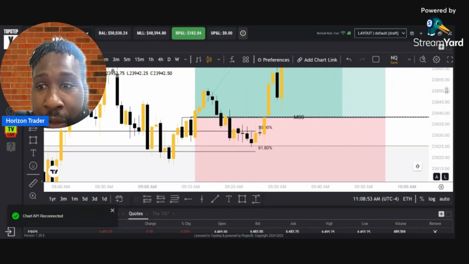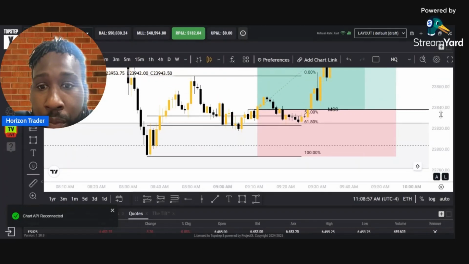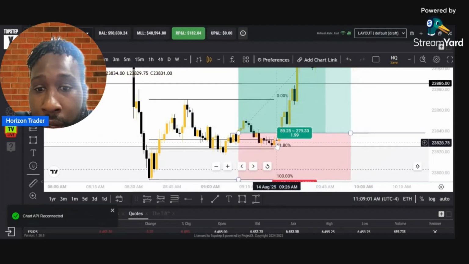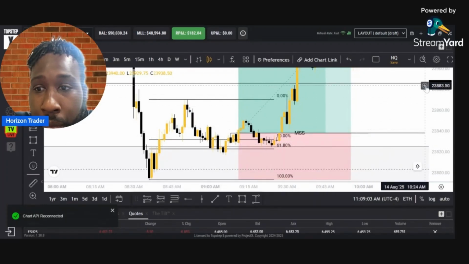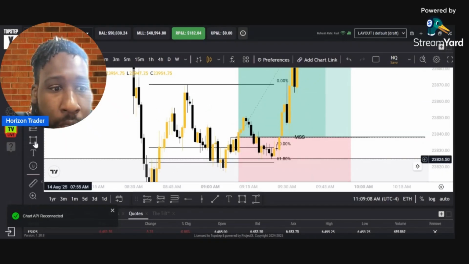I did face a little bit of drawdown. My stop loss was under this swing low right here, and then we got price taking off. After this drawdown, let's see how much that was.